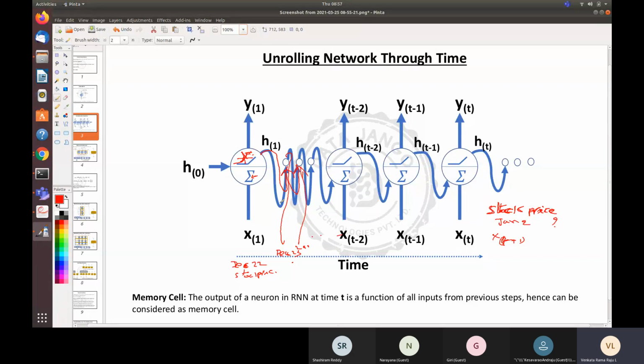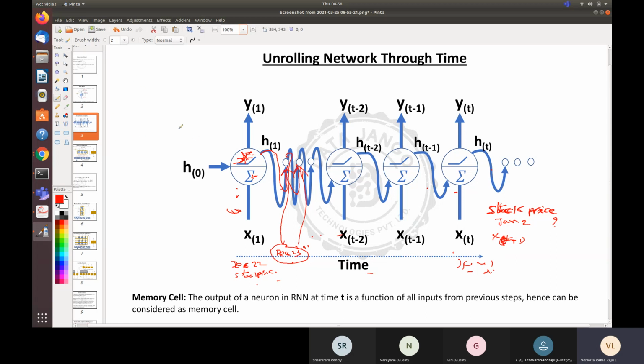So what is happening here? Each node is getting an understanding from the previous node along with the current input. What happens then? These 10 days, this 10th day is actually helping the Jan 1st stock price to understand what was happening before. Based on that, the decision is made on the T plus 1.